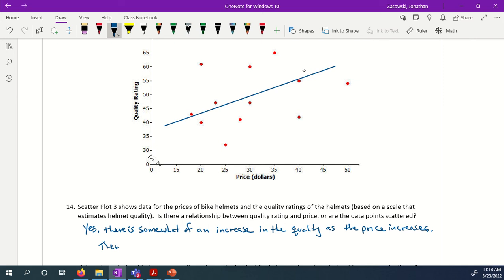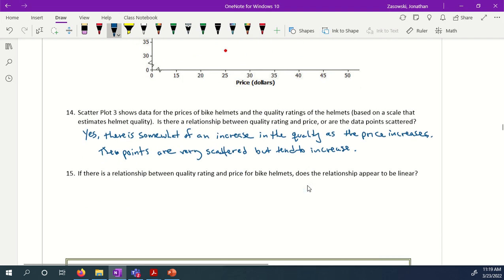And we could say that the points are very scattered, but we could say they tend to increase. So this would be called a weak positive correlation. Okay, the points are not close to the line, but they still form an increase overall.